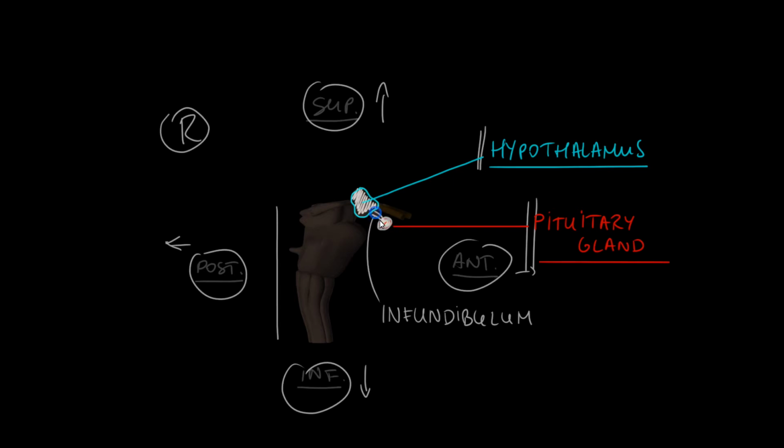This structure in between is called the infundibulum, which connects the hypothalamus to the pituitary gland. And there's another structure that we can see right there above the pituitary gland, the optic chiasm, which is basically the beginning point of the optic nerves.